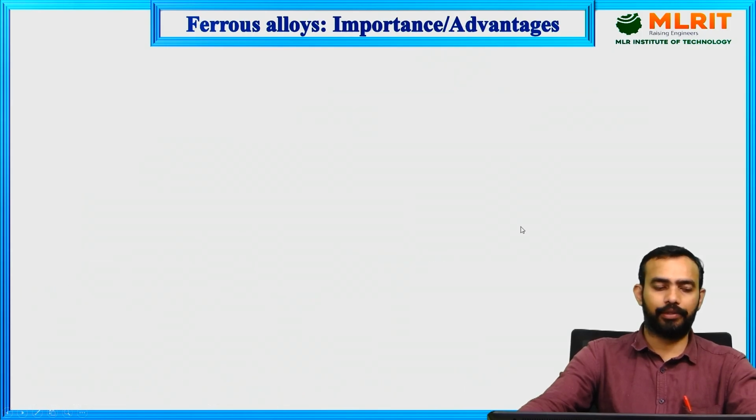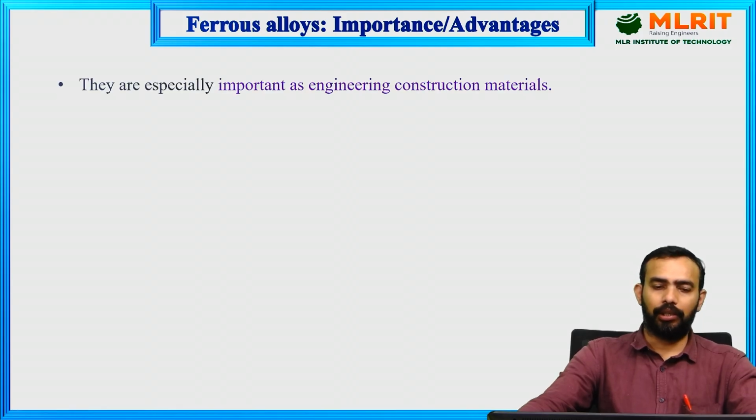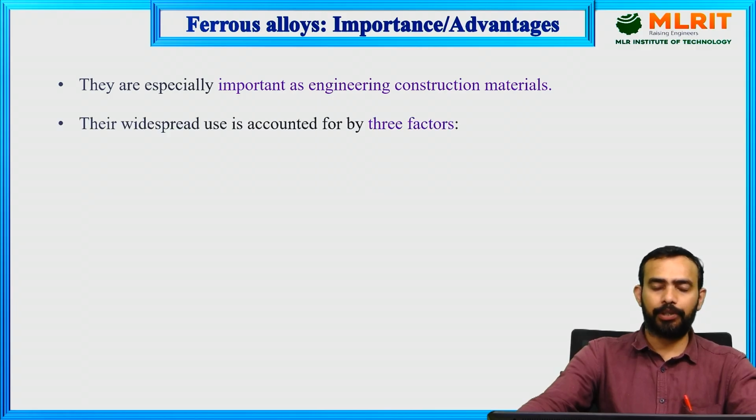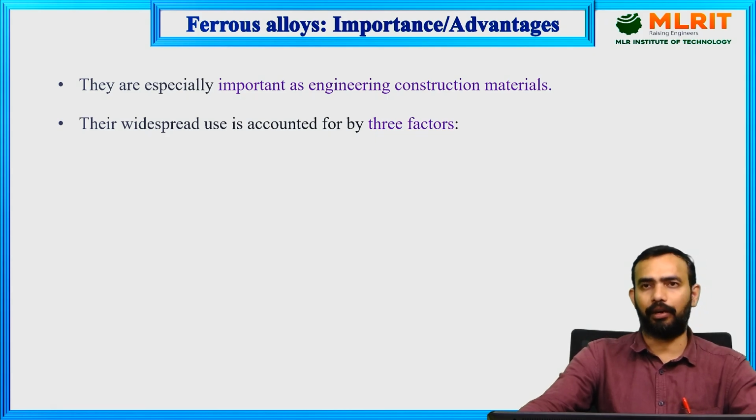Going ahead, if you see the advantages or importance of ferrous alloys, they are especially important as engineering construction materials. So any engineered materials, if you are seeking, these ferrous alloys are the primary lookout materials, and their widespread use is accountable to mainly three factors.